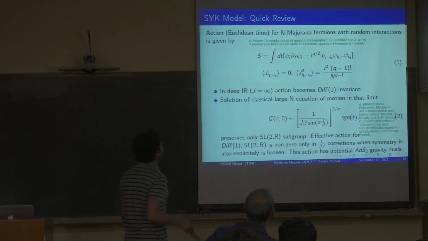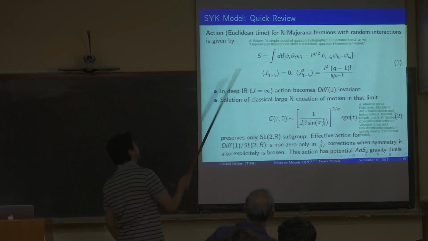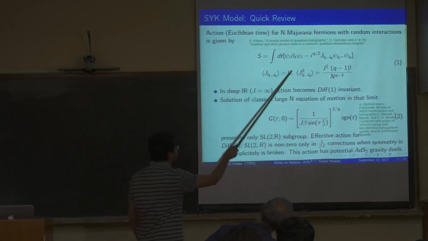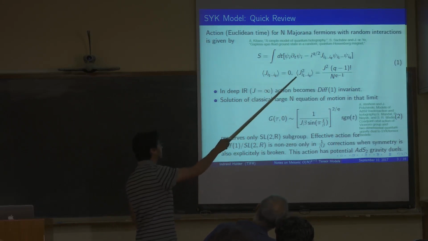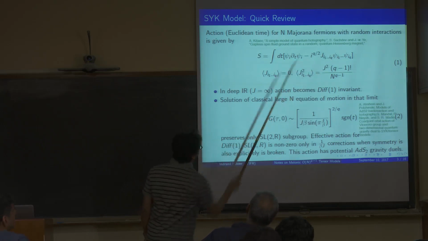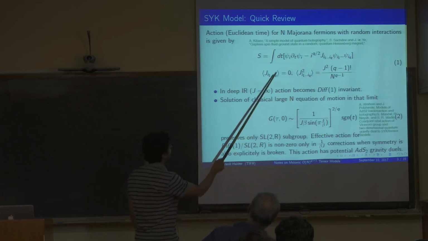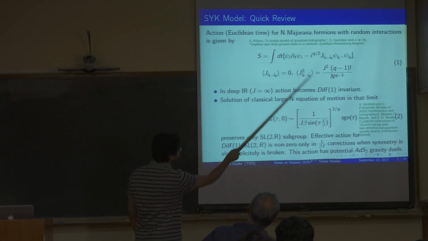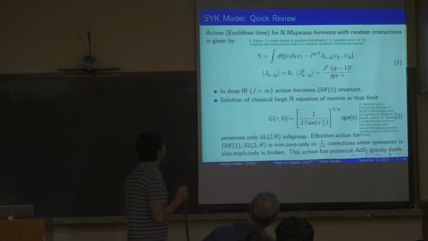Now, in this action, if you take one of the choices, then you get a theory which is unitary. Now there are lots of them. They are fluctuating with this distribution.